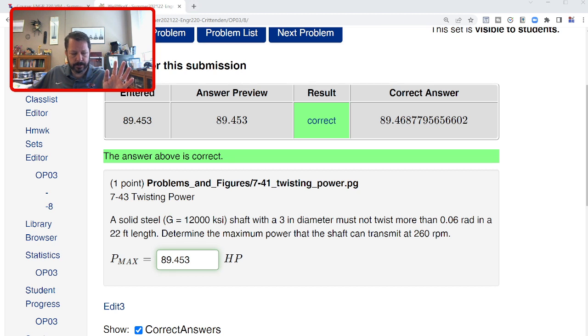Anytime you have revolutions but you're converting over to some kind of horsepower, it can do some weird stuff that I'm not seeing the issue with. But when you work it out by hand, you get it correct. Let's see if there's another one that's worth doing.